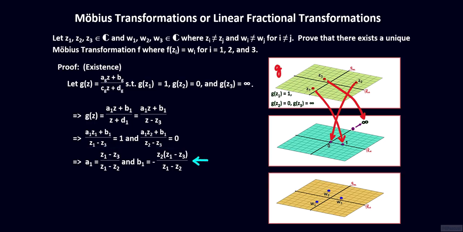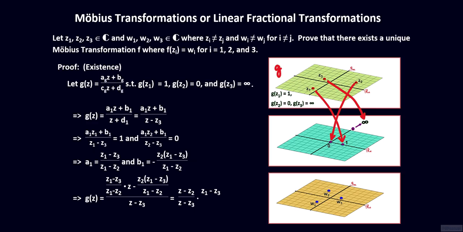Plugging these into the formula for g(z), we get the formulation for g(z) in terms of z1, z2, and z3. g(z) can be rewritten as (z - z2) divided by (z - z3) times (z1 - z3) divided by (z1 - z2).